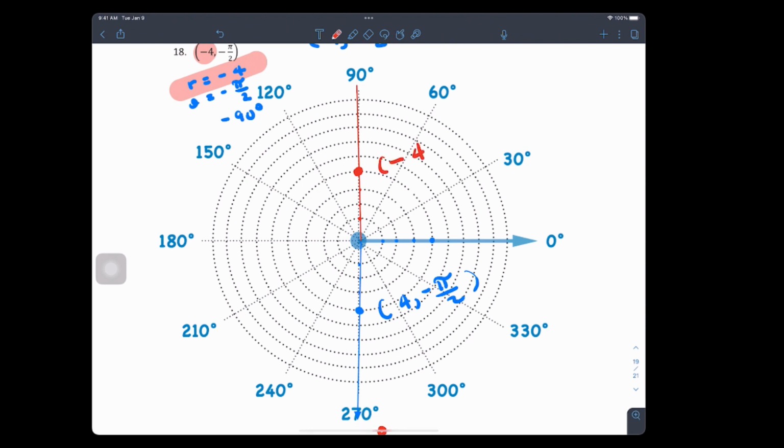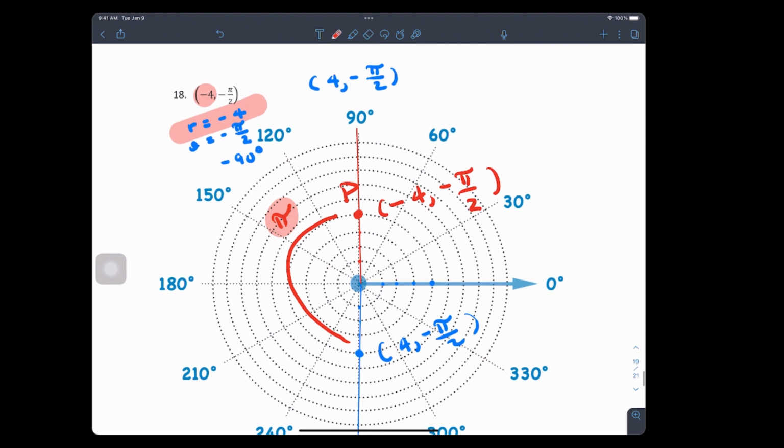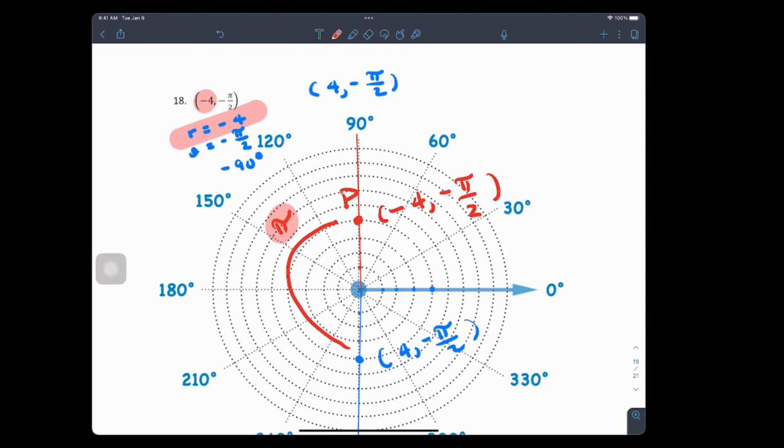That's where 4, negative pi over 2 would be, because again, you want it to be opposite that pole here. And that's the location they want you to plot, right in here. That's the P. So you can have a negative radius and you can have a negative angle.